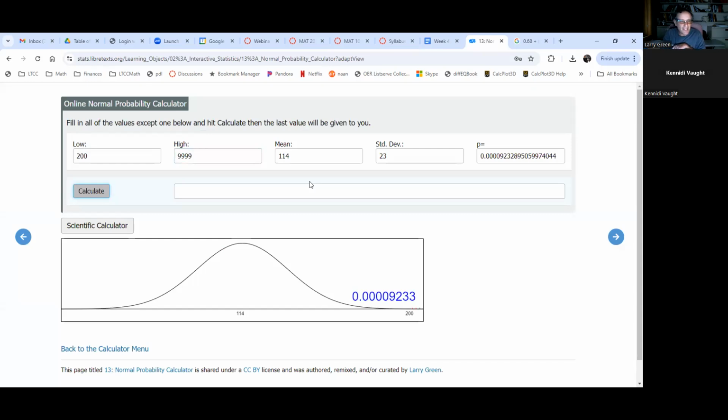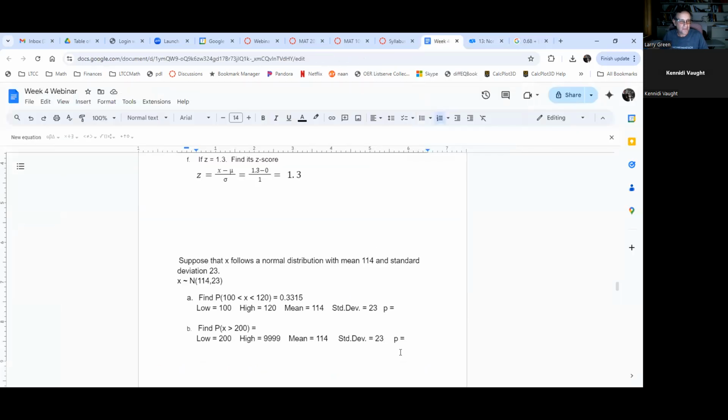And now it's a really tiny value, 0.00000923.